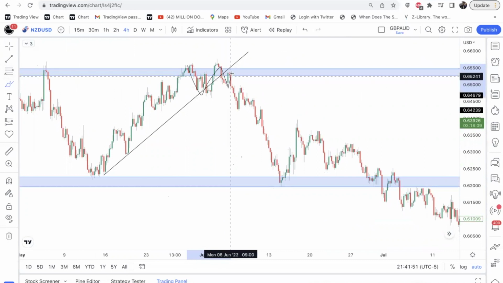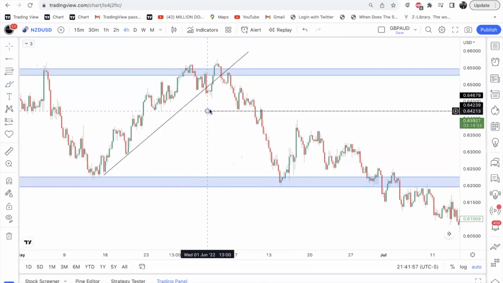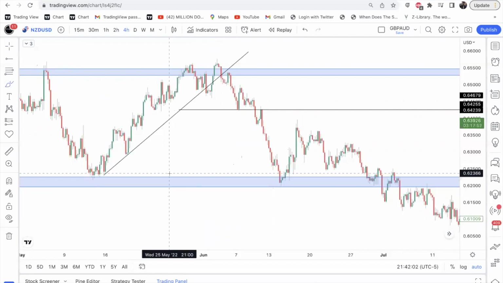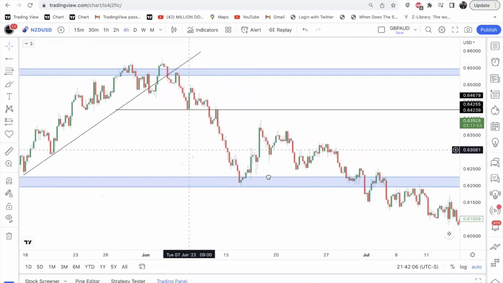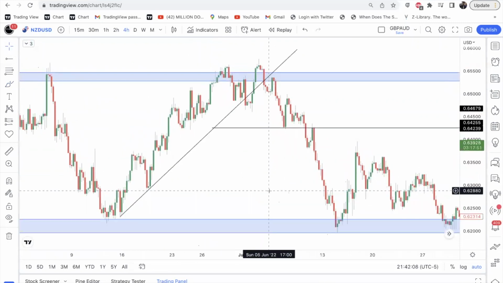Broke down, pulled back slightly here, and it continued. So this continuation was an even stronger indication, and this is all structure. What we're doing right now is backtesting. You get familiar with how to trade these. You know what I mean?